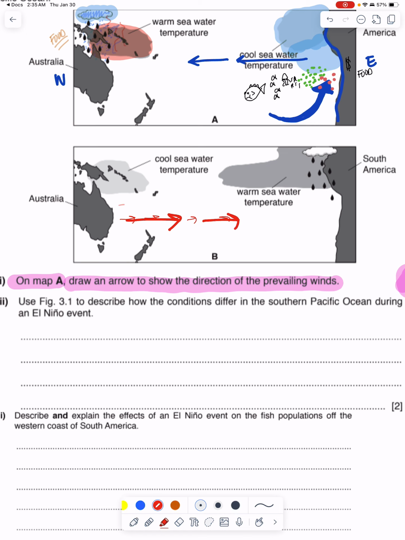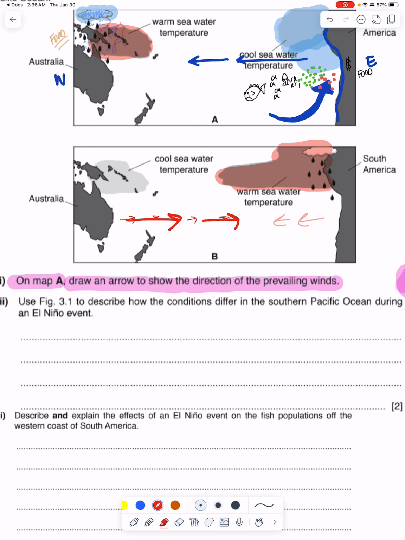So all the warm water that was over here is now going to be piling up over by South America. Again, either because the trade winds are blowing in that direction, they're blowing this direction, or because you have very weak trade winds.